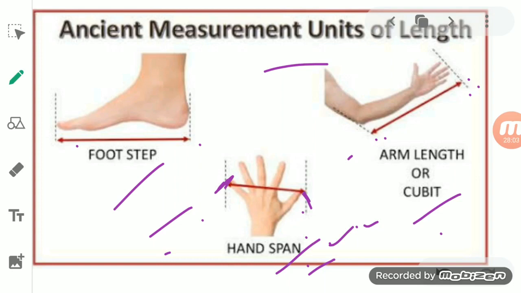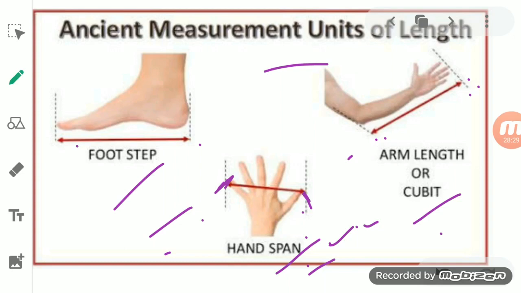This system is not reliable, because countries used different units in their own language, due to which the same quantity appears differently to different people.